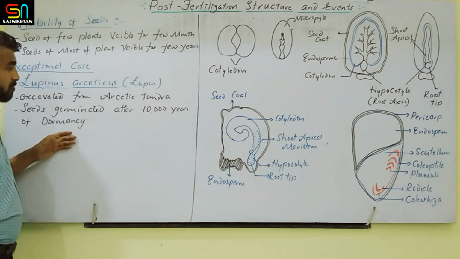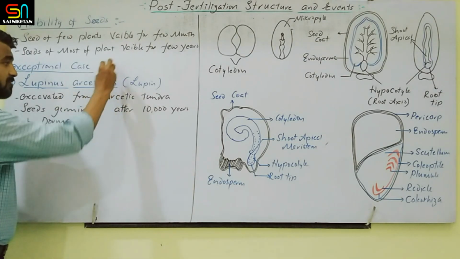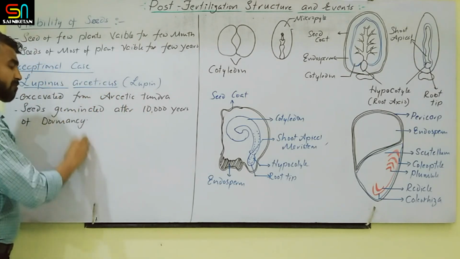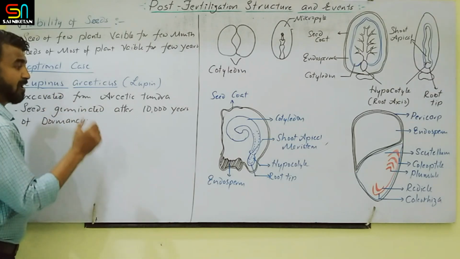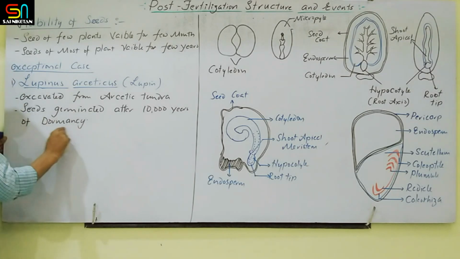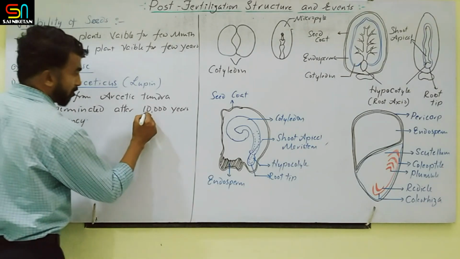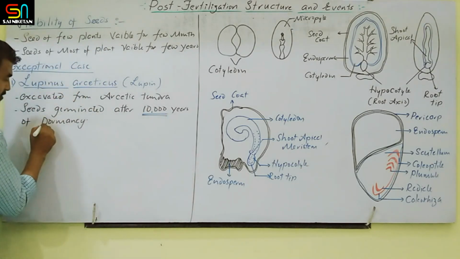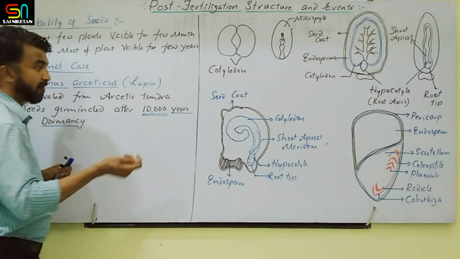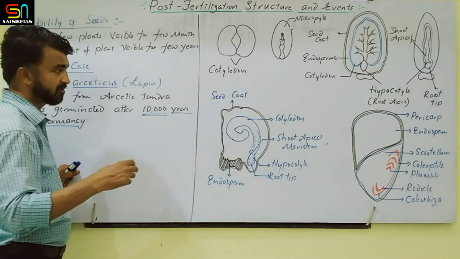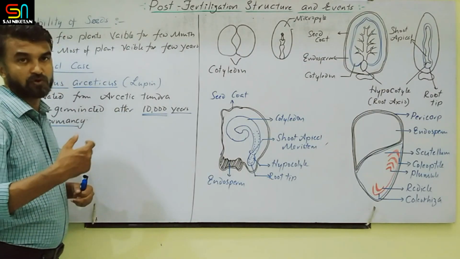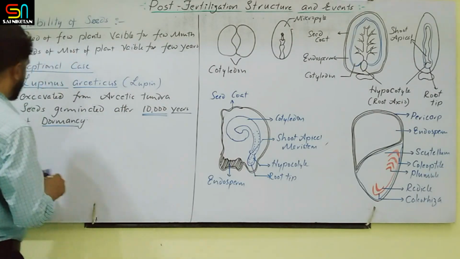Listening. So the seeds of Lupinus arcticus were excavated from the Arctic tundra zone. They germinated and produced flowers after an estimated 10,000 years of dormancy. That means they remained dormant for 10,000 years, not one or two. After 10,000 years, when the seed got suitable conditions, it germinated, produced the plant, and the plant flowered also. So this is one example.